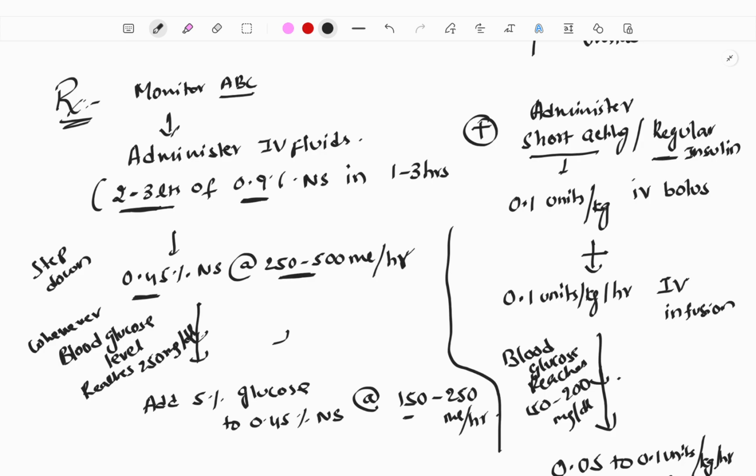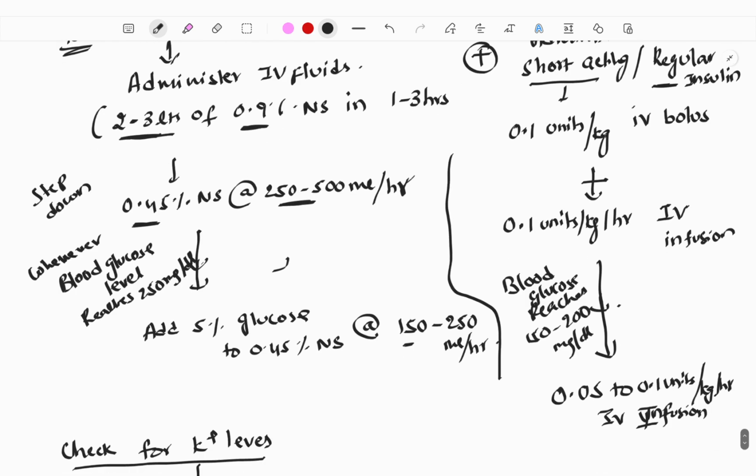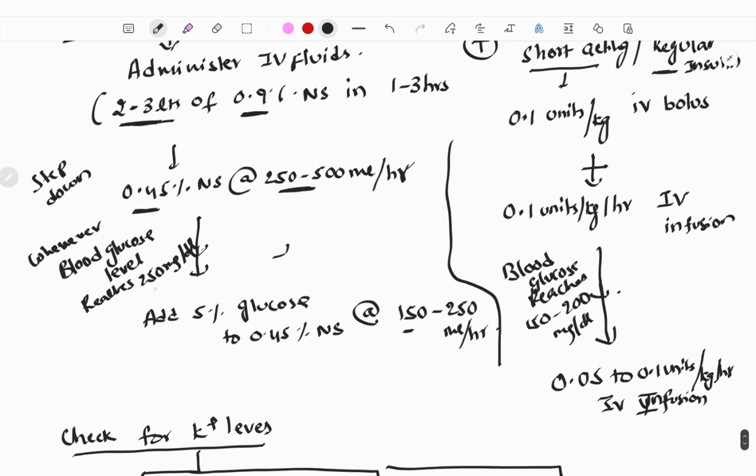Then monitor glucose levels. If blood glucose level reaches 250, then decrease the IV fluids rate to 150 to 250 ml per hour and add 5% glucose. Whenever blood glucose reaches 150 to 200, then reduce the insulin to 0.05 to 0.1 units per kg per hour infusion.